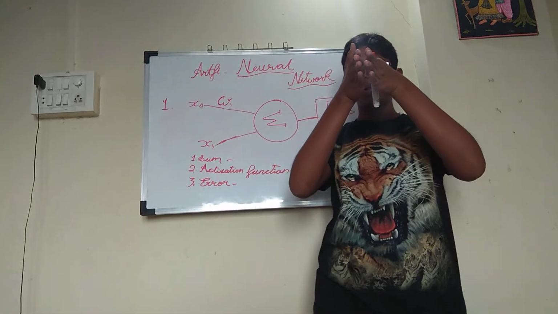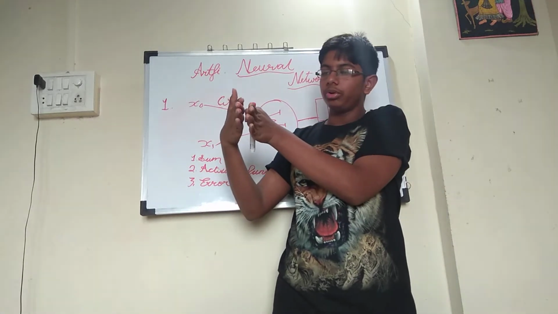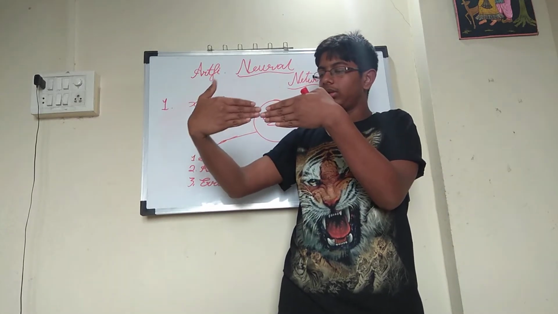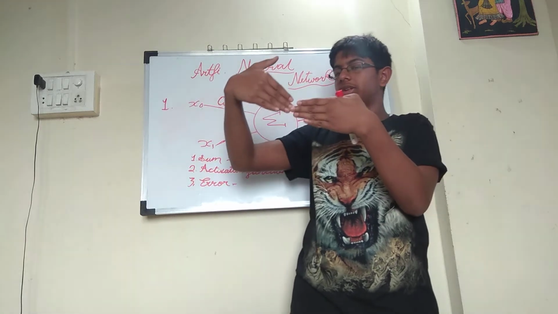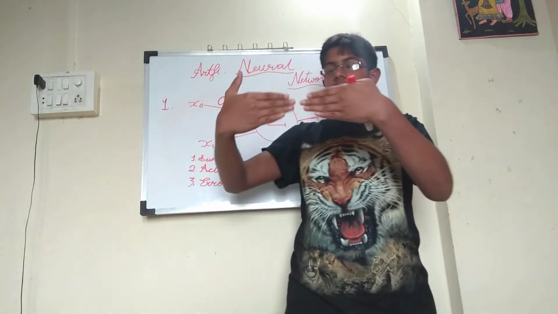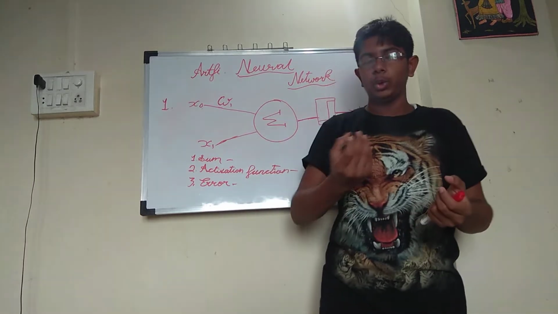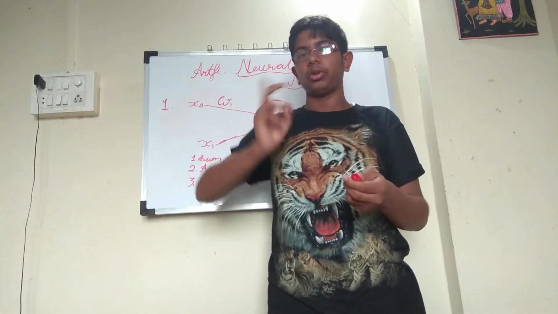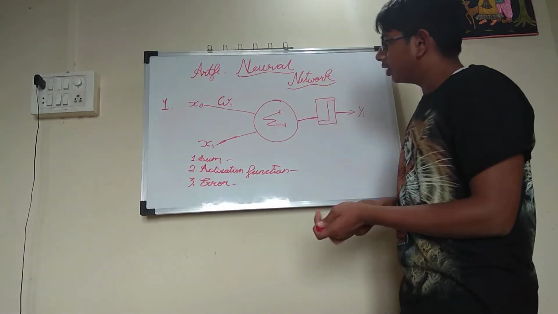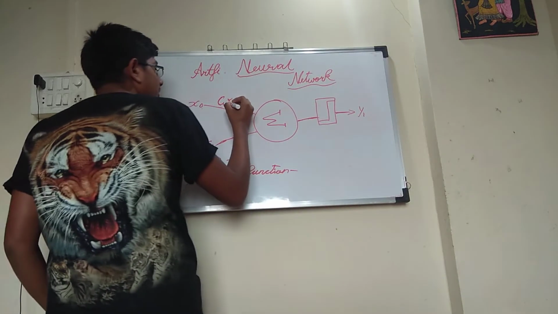There will be a small gap between the two neurons like this, and the signal will jump onto the next neuron using the synapse. And synaptic fluid is actually involved in that procedure too. So that's why we need this.